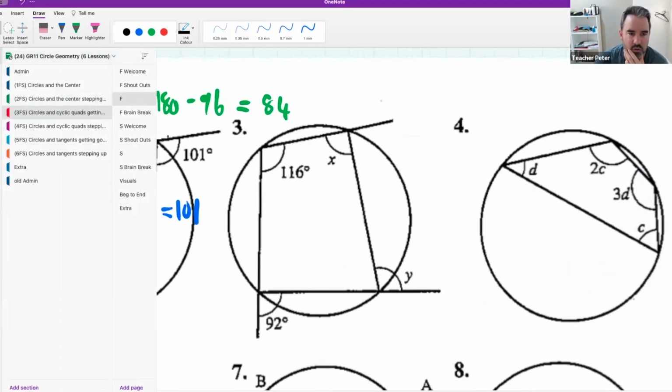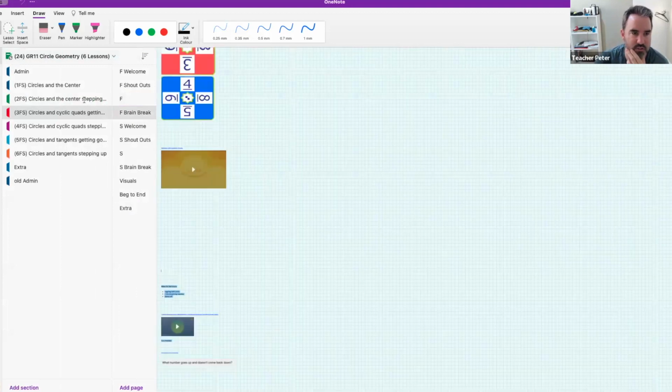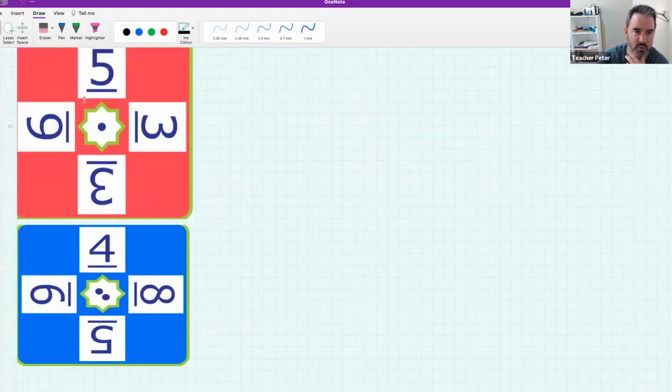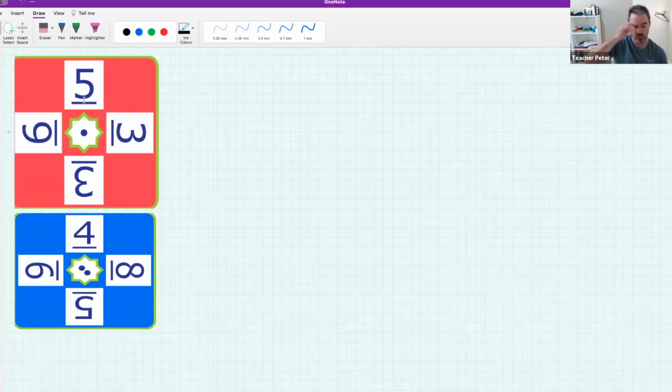Let's go to a little brain break question. So the game is Maths 24. Can you make 24 using all four numbers on a card?